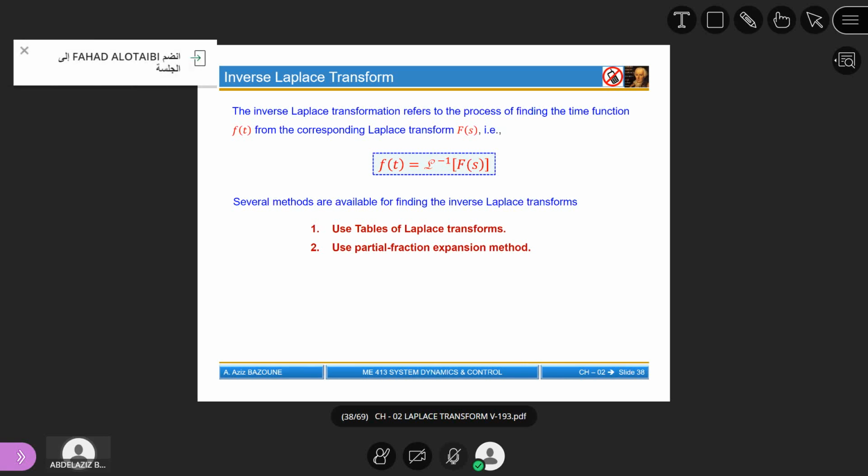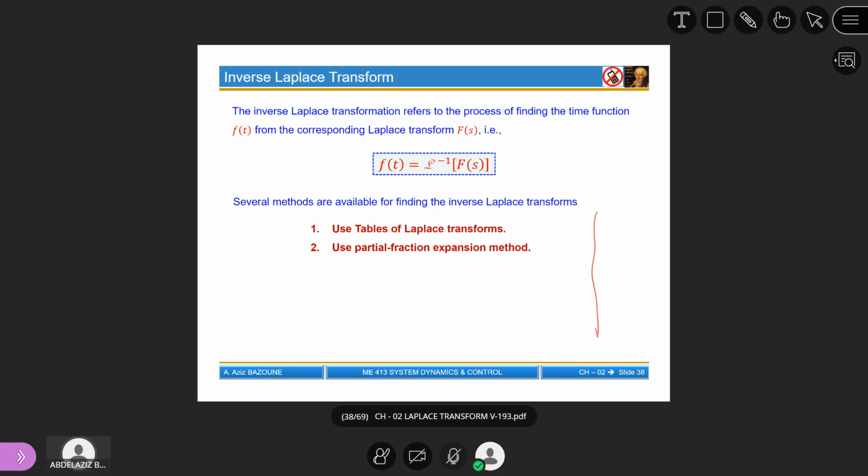The inverse Laplace transform, to know it, because we have a table, if you remember, we give you one table. Let me assume that this is my table. This is my function f of t, and this is the Laplace transform of f of t. We give you in the table for delta t, which is the impulse, the Laplace transform is 1.